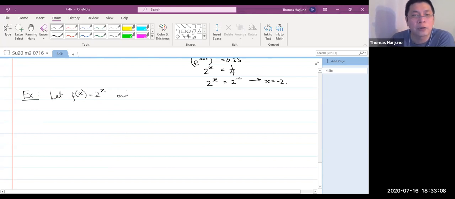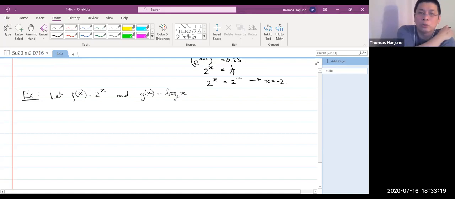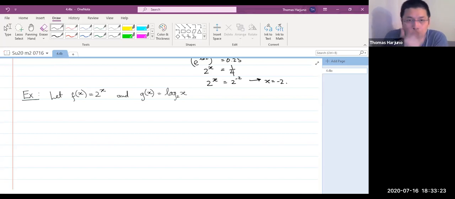And the inverse of that is g(x) equals log base 2 of x. Now, what I want to teach you is that the way we graph this g(x) function, log base 2 of x, is actually by imagining first the graph of 2 to the x and reflecting that with respect to the y equals x line.